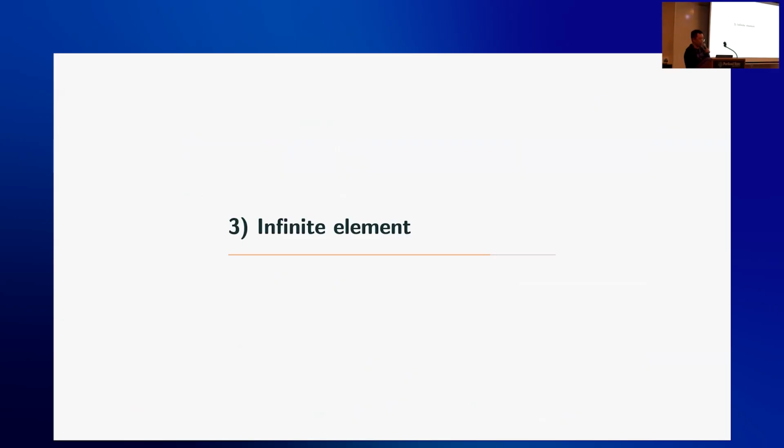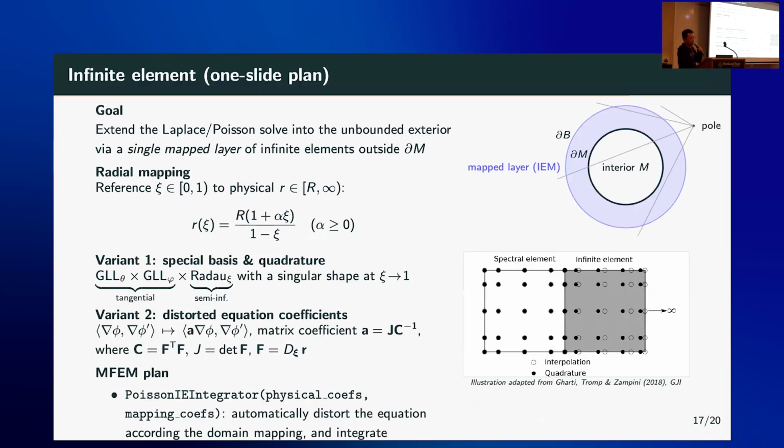The third method we are going to present is called infinite element. We have not finished it yet, but we use one slide to talk about the idea. The idea is that for the infinite domain, you choose an appropriate map to map it into a buffer layer, wrapping your interior. A usual mapping expression is given like that. But there are many variants, at least two.